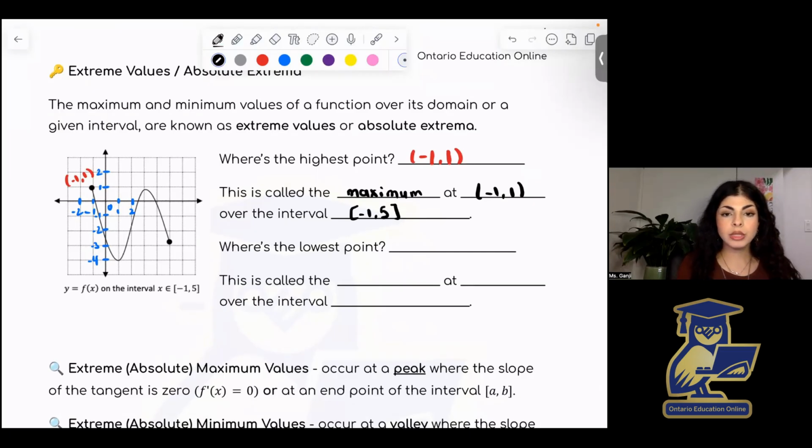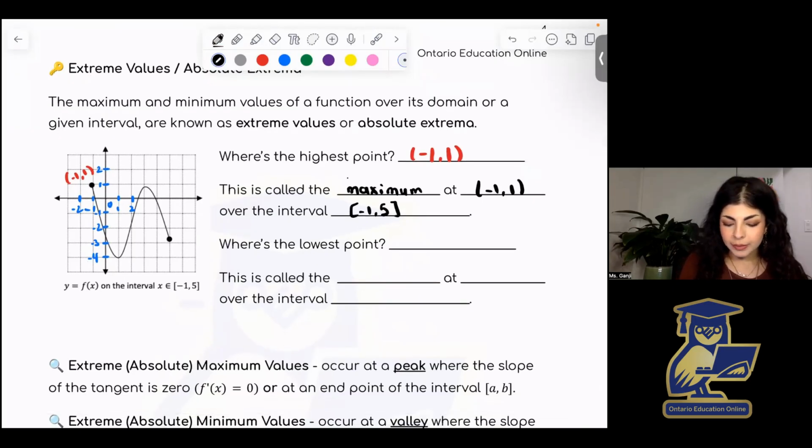And this is just helping you set up your sentence, especially when you're answering any question where you need to show your communication. So this is how you get those communication marks. And we can also call this the extreme or max or absolute maximum.